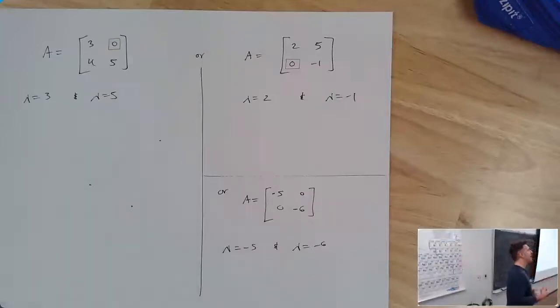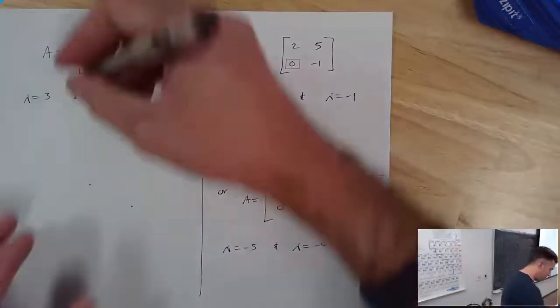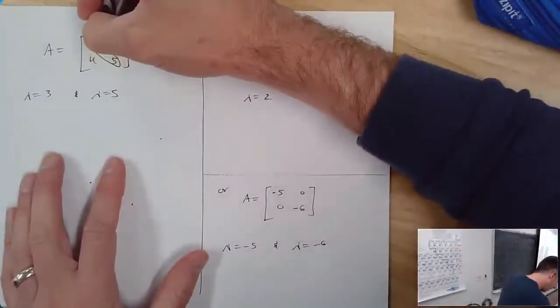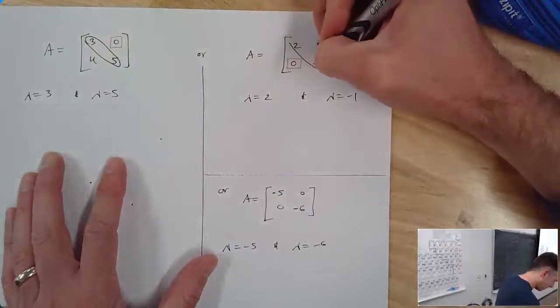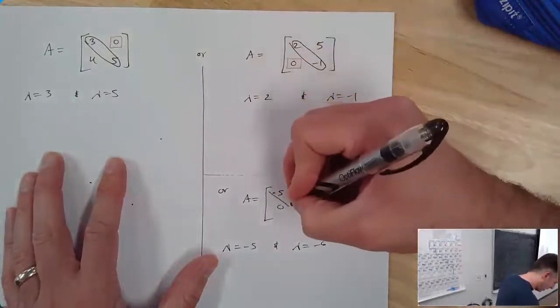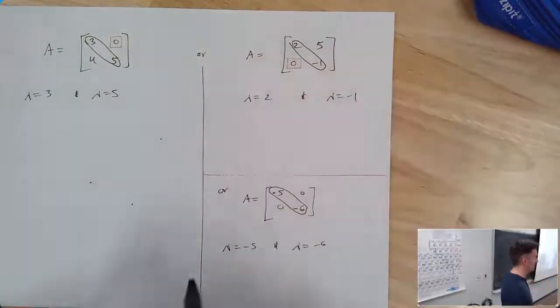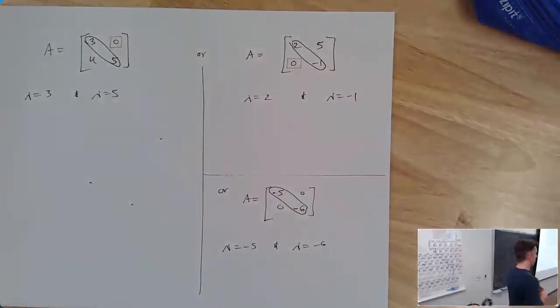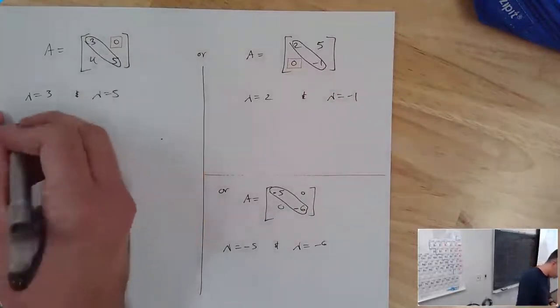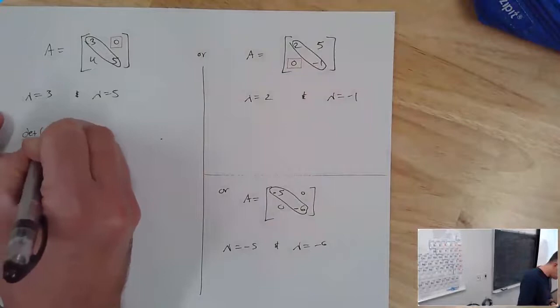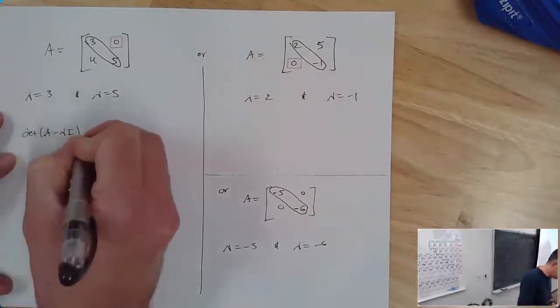I should just say not in the diagonal, right? So this is the diagonal of the matrix. And if one of your non-diagonal entries is 0, then the eigenvalues are always the diagonal entries. And it's actually really easy to show. If you just try to calculate the eigenvalues here, taking the determinant of A minus lambda I, look what happens.